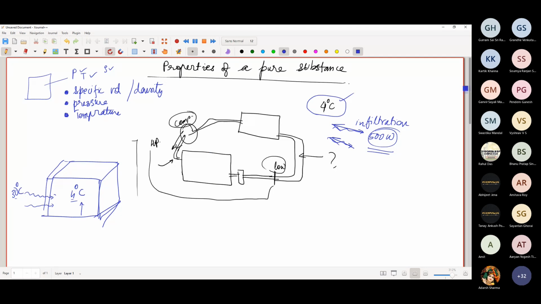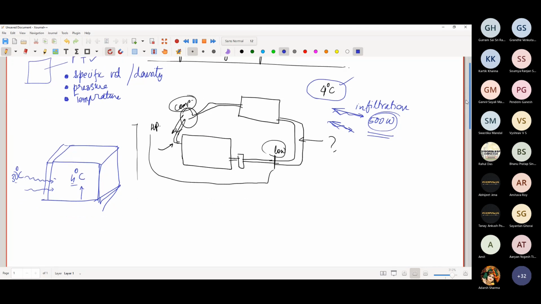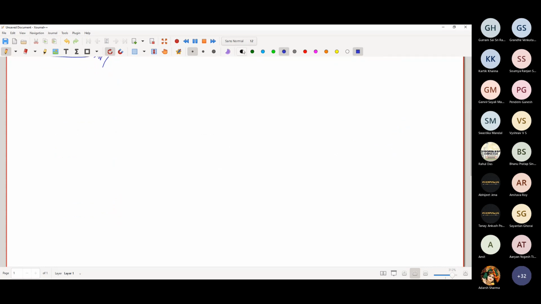All right, so I've mentioned that we are going to study the properties of a pure substance. So the first thing we need to do is define what a pure substance is.